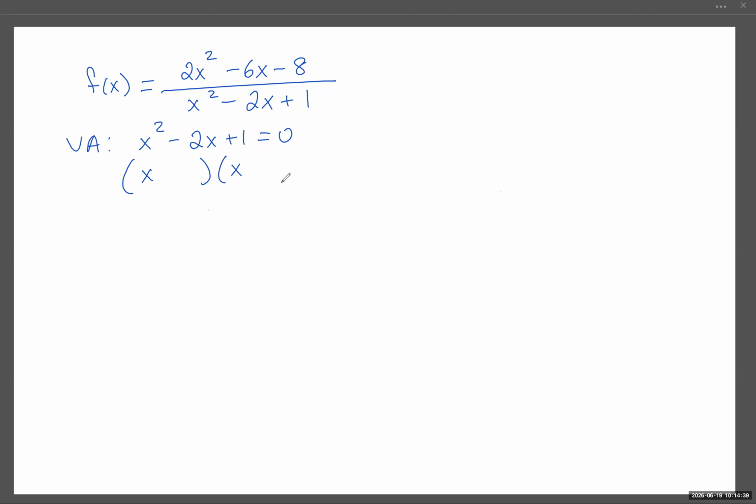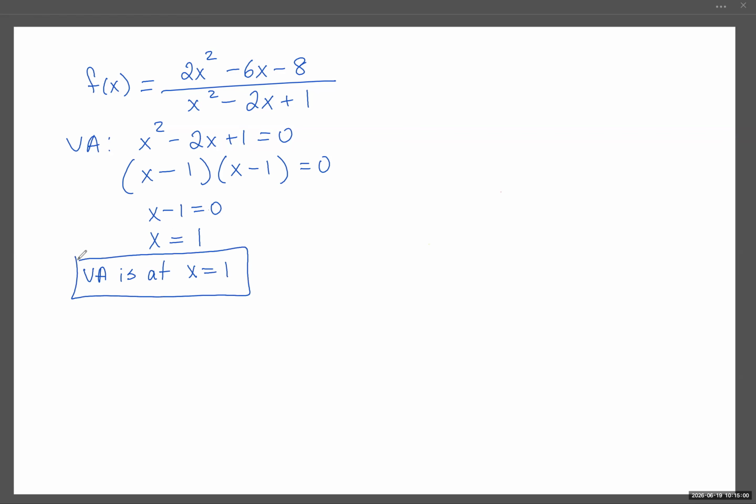Two numbers that multiply to 1 and add to negative 2. That's negative 1 and negative 1. So it's really just x minus 1 equals 0, which means x equals 1. So the vertical asymptote is at x equals 1. So the vertical line through x equals 1.